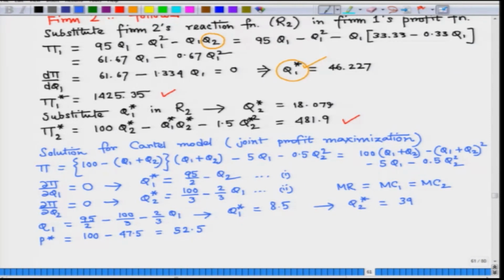Okay. So, then from here the calculation of profit becomes quite straightforward. So, we can find pi 1, and we can also find pi 2 similarly.